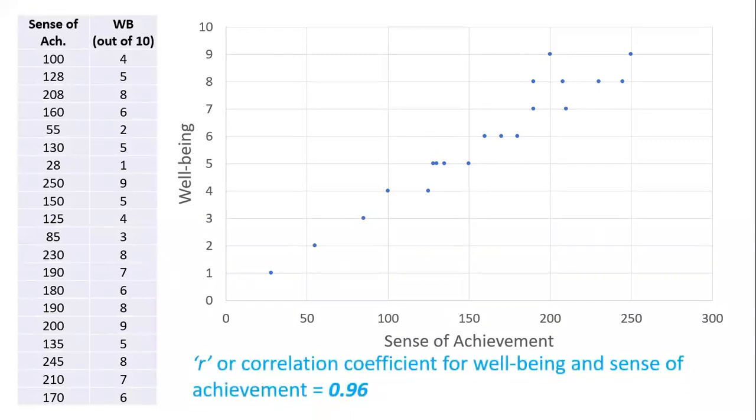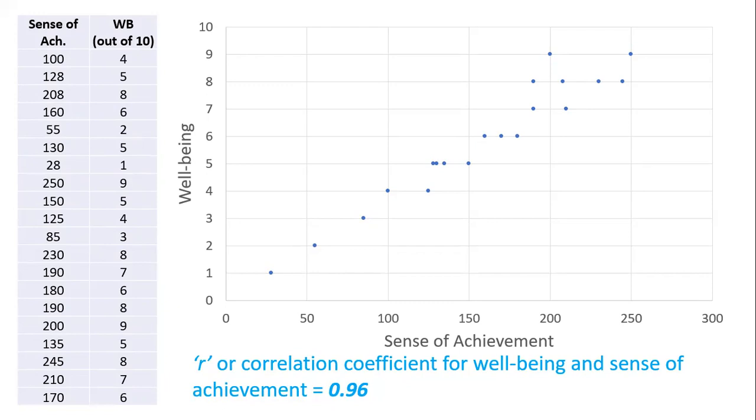So R, or the correlation coefficient for well-being and sense of achievement, for this set of data is 0.96, which is very, very close to +1, which basically means that one can observe higher values on well-being, better experiences on well-being, as the sense of achievement in the activities within the university that the student is involved in increases. So that sense of achievement is strongly positively associated with a sense of well-being.